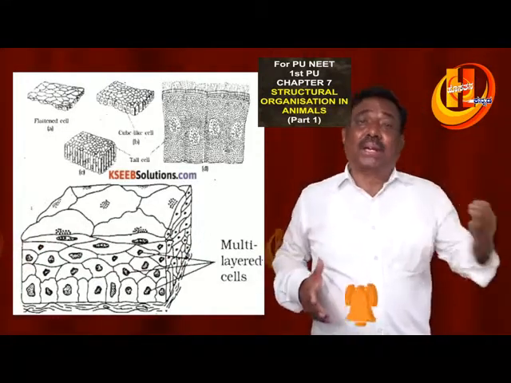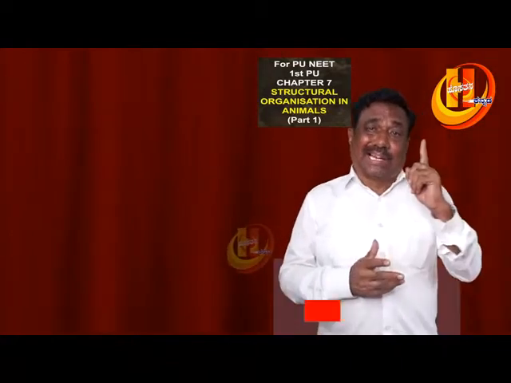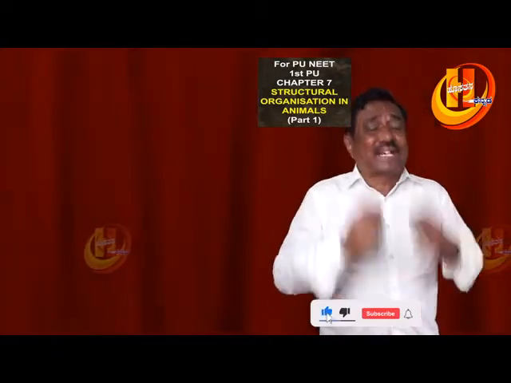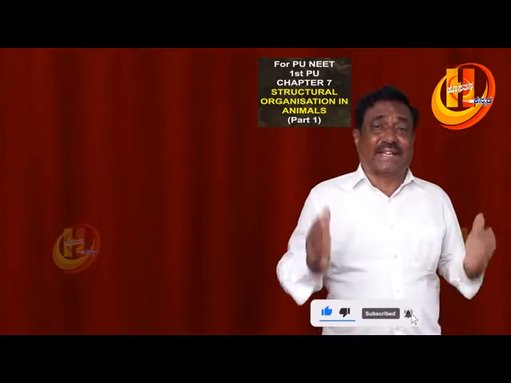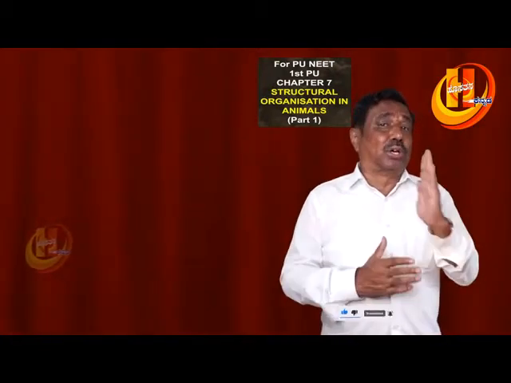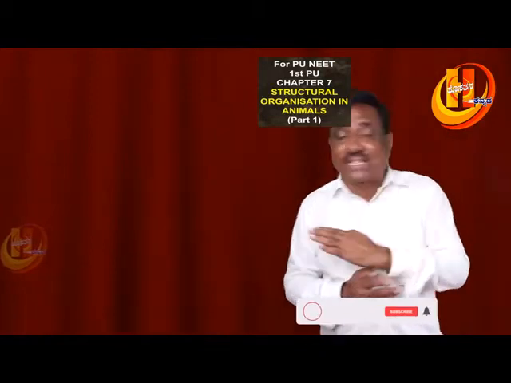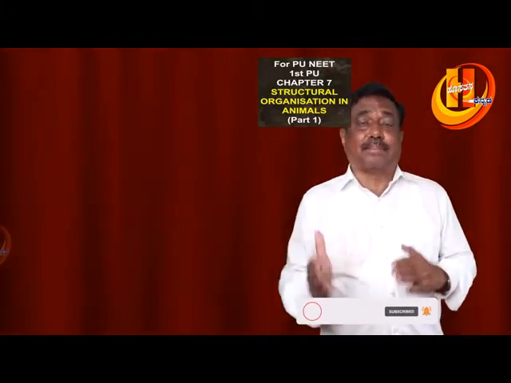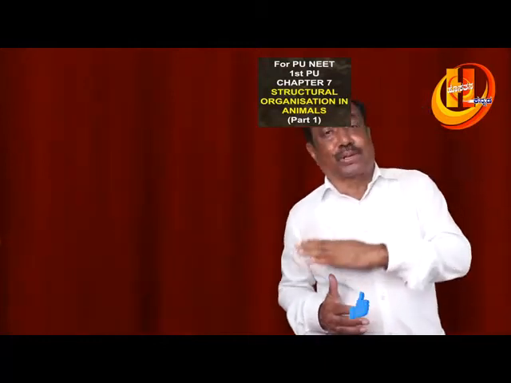After the epithelial tissues, the next tissue is connective tissue. The presence of intercellular matrix is an important characteristic feature of all the connective tissues, and connective tissues are broadly classified into loose connective tissue and dense connective tissue. Loose connective tissue, for example, areolar connective tissue and adipose connective tissue.